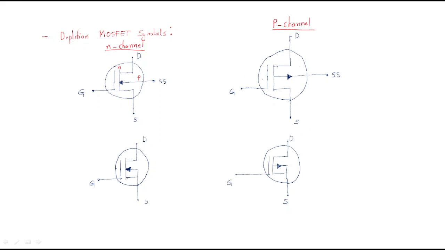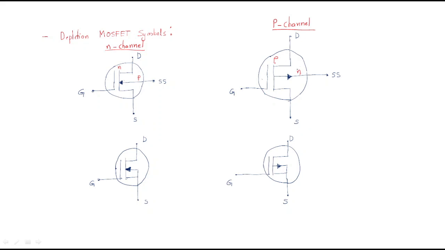Here, what is the p channel MOSFET? P channel means this is completely p channel, and we have a substrate which is n. That's why it's like a diode symbol, p to n.